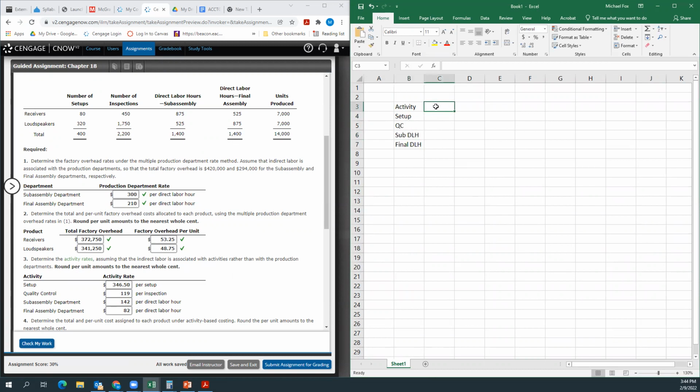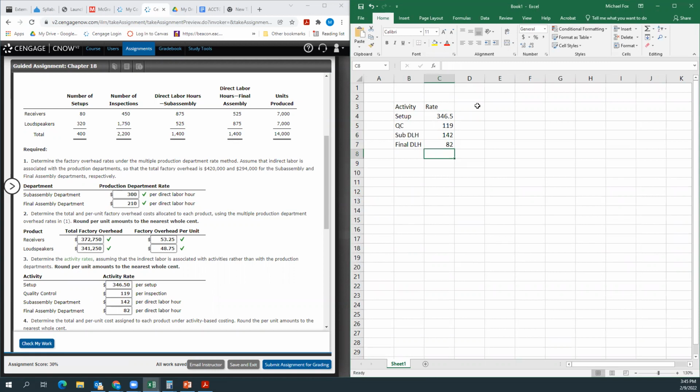My activity rate is $346.50 per setup, $119 per quality control inspection, $142 per subassembly department direct labor hour, and $82 per final assembly direct labor hour.